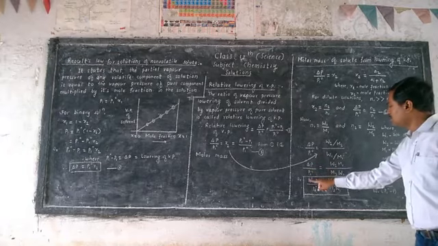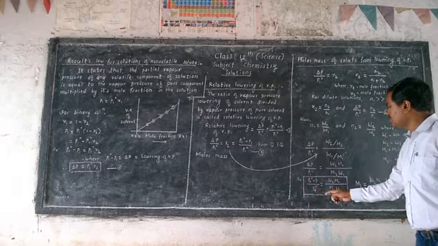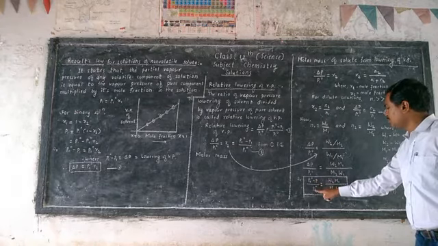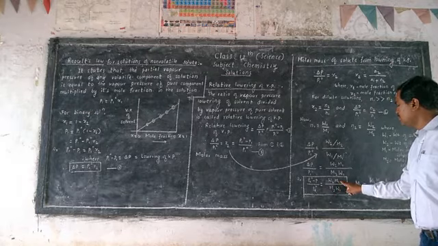Delta P is P1° minus P, so (P1° minus P) upon P1° equals W2 into M1 upon M2 into W1.